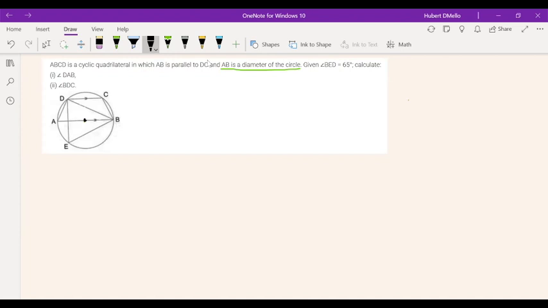So this angle is given, 65, and we don't know this angle DAB, and BDC. We know ABCD is a cyclic quadrilateral and AB is parallel to DC.